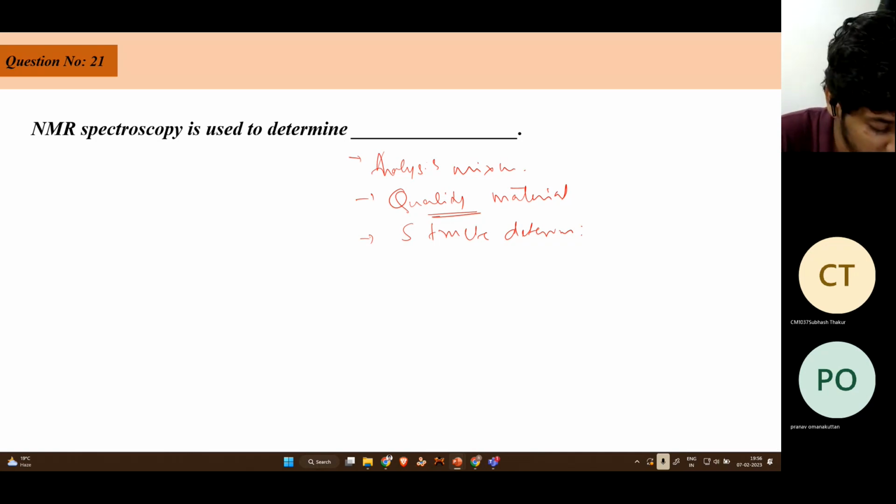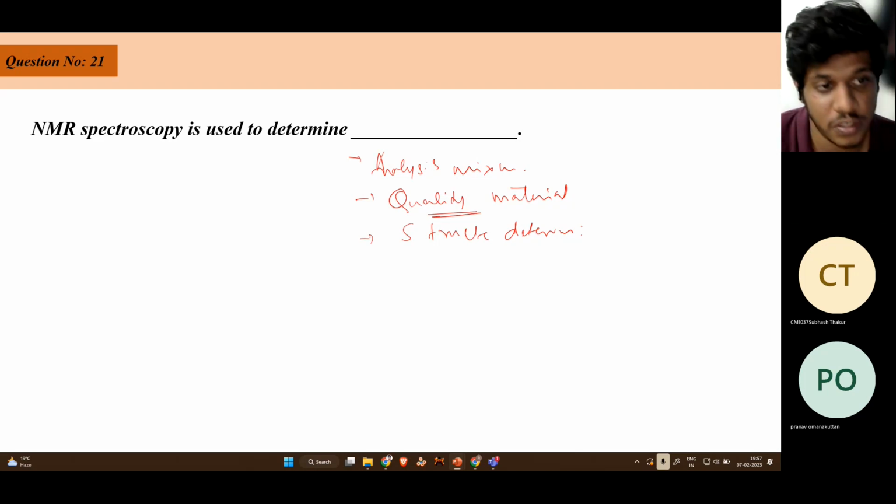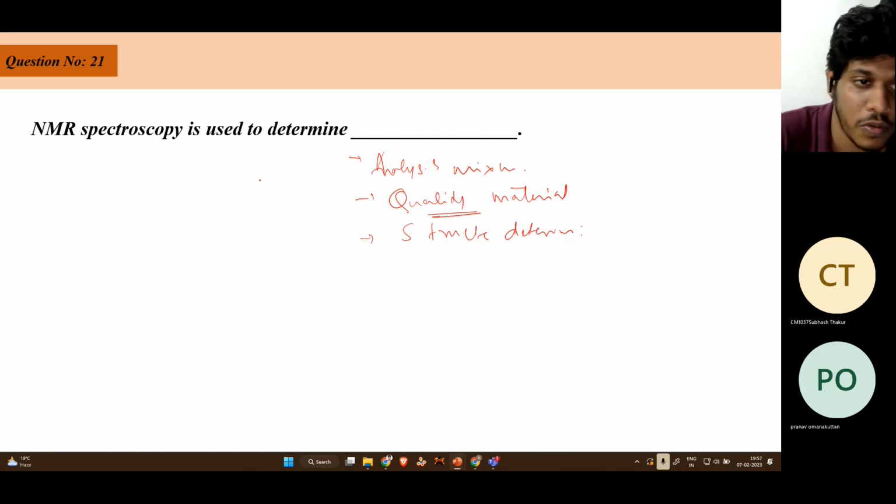In the molecule. And we can do characterization of dynamic processes, where NMR spectroscopy can be used to study exchange reactions, molecular rotations, tumbling, etc. on a time-dependent basis. So we can see how the molecules actually move, or we can determine the dynamics of a molecule using NMR spectroscopy.